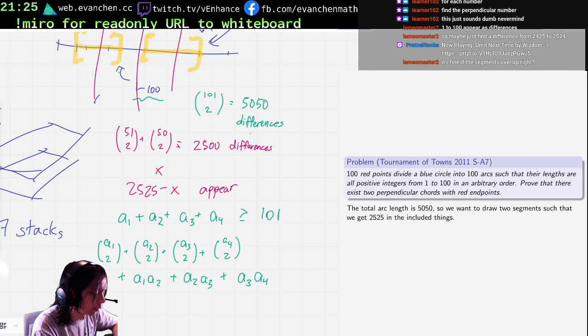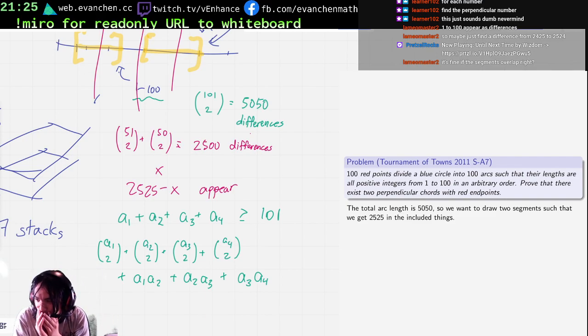it's fine if the segments overlap. Is it? Wait, is it just fine? I don't... No, it's not. Is it? No, wait, how's it fine?